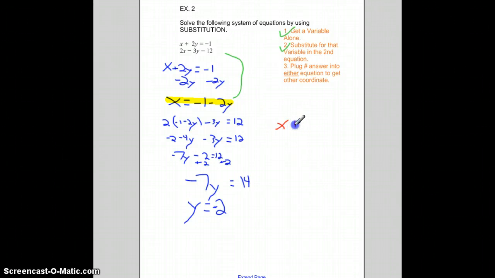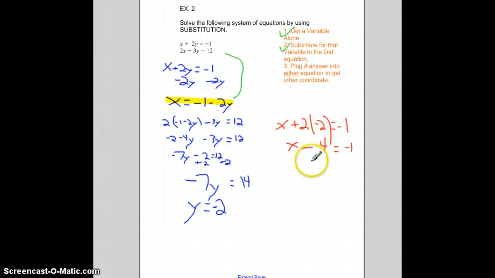So x plus 2, and here's our y. So our y we know is equal to negative 2. Let me just copy the rest of the equation down as it is. Well, 2 times negative 2 is negative 4. I forgot my x here. Right, so x minus 4 equals negative 1.